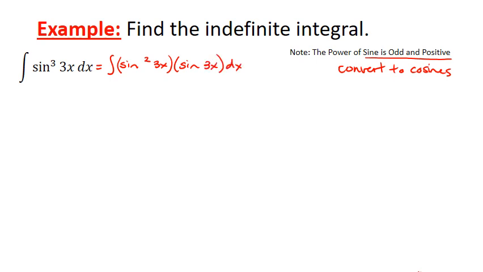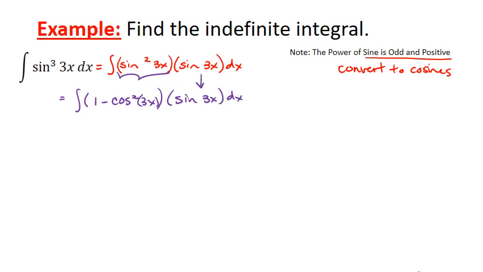That's the exact same thing we started with, but now this can be converted by applying that Pythagorean identity once again. So this becomes instead 1 minus cosine squared of 3x times sine of 3x, which is just this guy here.